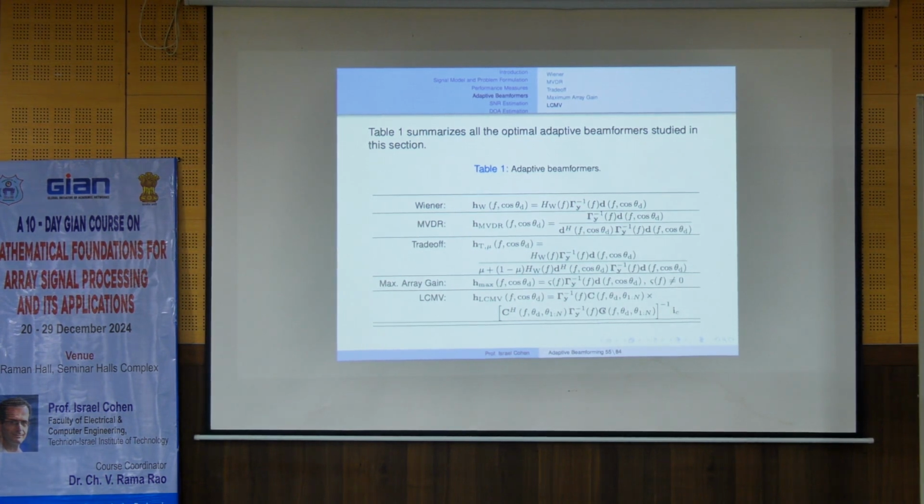Because many of the things, people that work in one area develop something. Many times there is overlap. Maybe the terms are different, but there is a lot of overlap between different areas in signal processing and in optimization and in other areas. So try to find this overlap because it will increase your understanding.